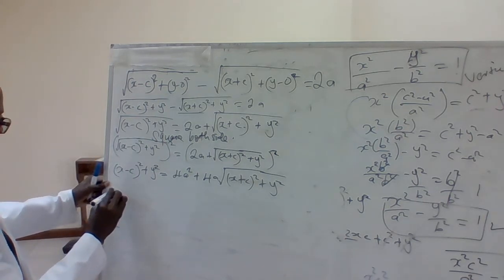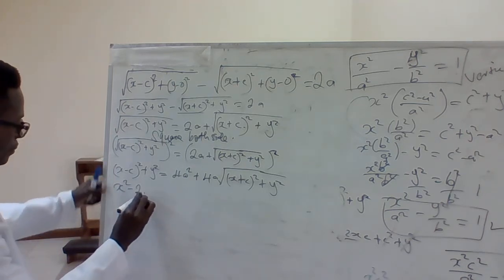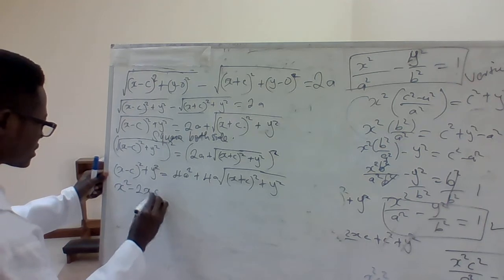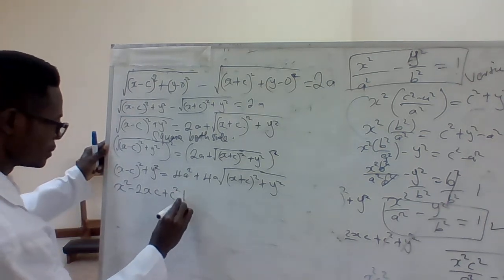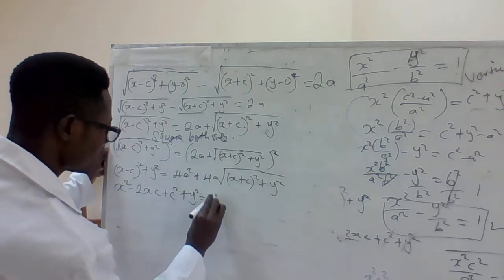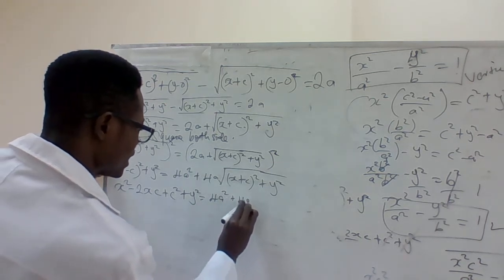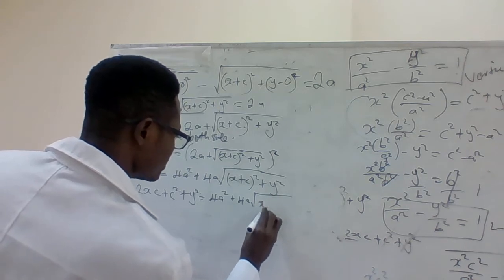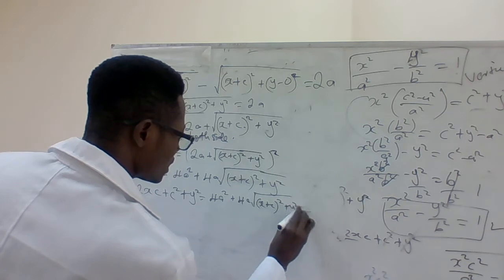We have x squared minus 2xc plus c squared plus y squared. This is equal to 4a squared plus 4a times the square root of (x plus c) squared plus y squared.